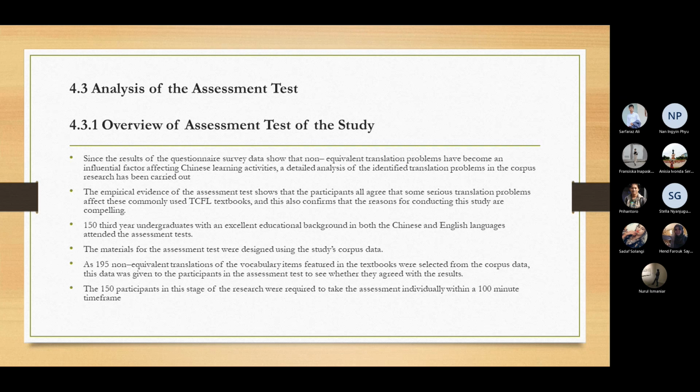The material for the assessment tests was designed from the corpus data, and 195 non-equivalent translations of the vocabulary items featured in the textbooks were selected from the corpus data. The data was given to the participants in the assessment test to see whether they agree with the results, or what their views are about the data.